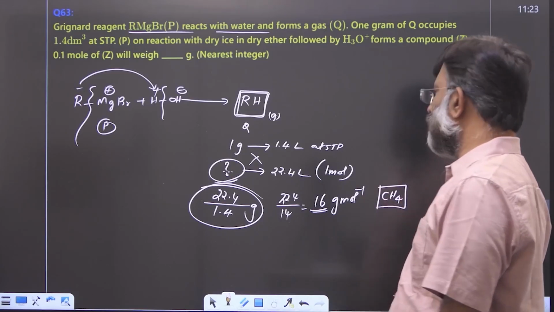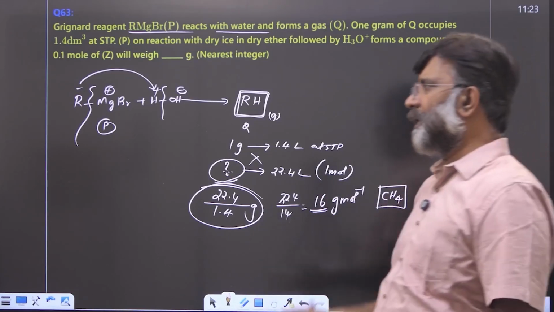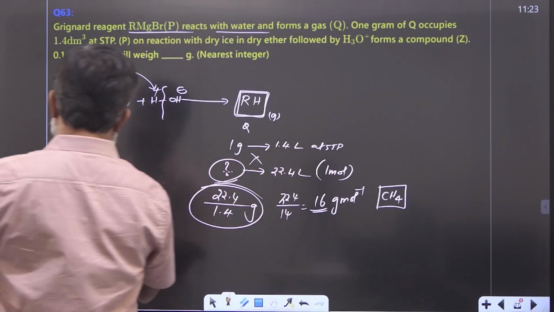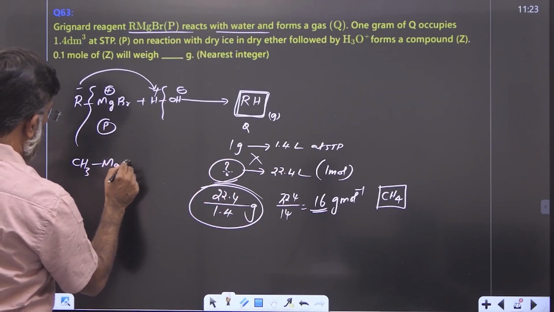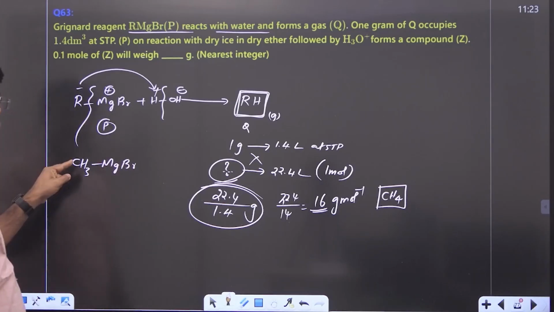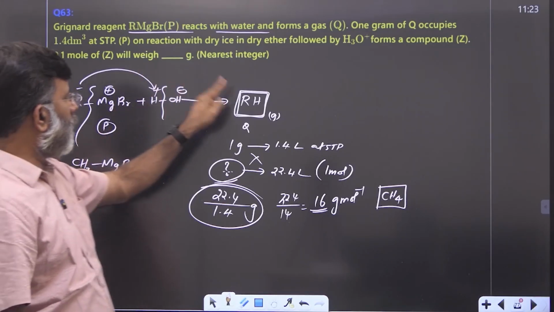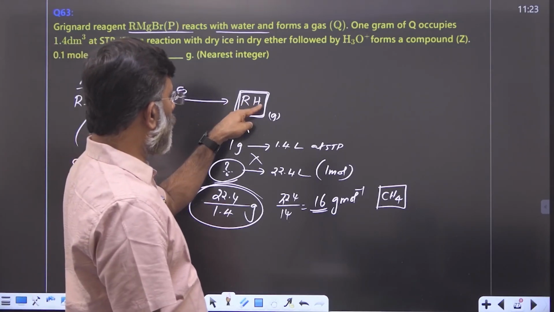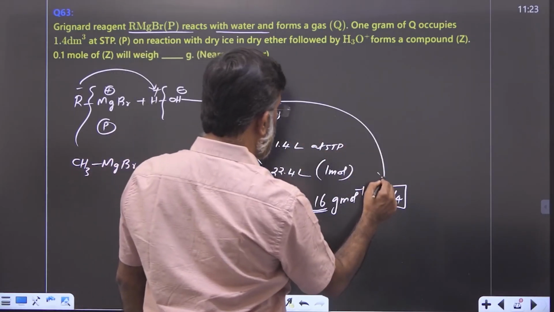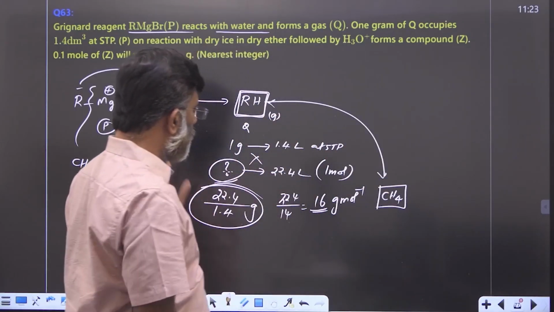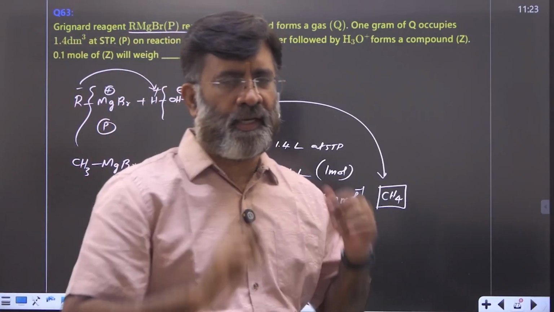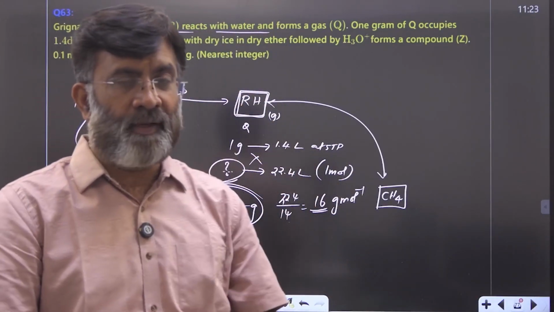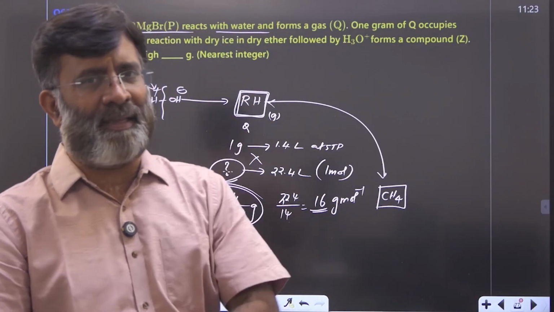We are talking about the alkane methane, and we are talking about P. P is nothing but CH3MgBr, and this CH3 capturing proton, you get CH3H, that is methane. So from this calculation, we get molar mass to be 16. From that, we get Q is nothing but methane.